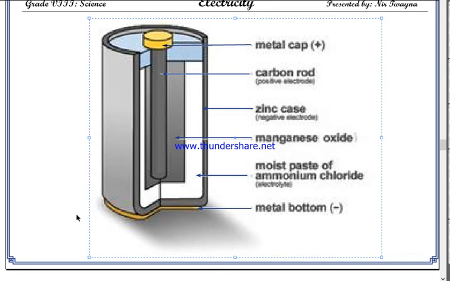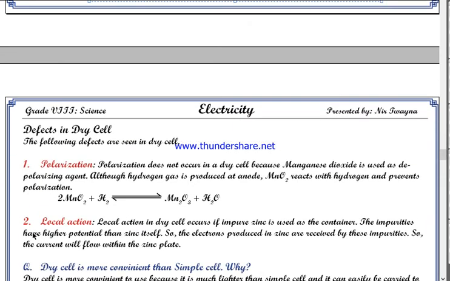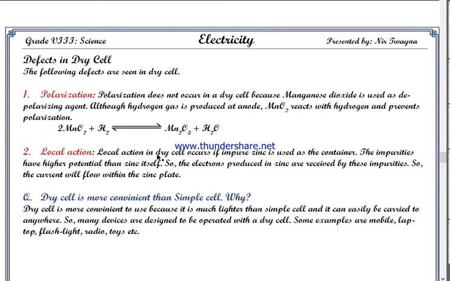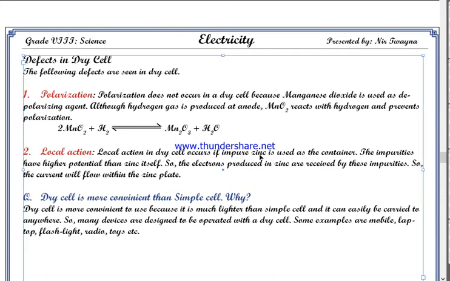And how is that countered? By using pure zinc. Local action in dry cell occurs if impure zinc is used as the container. The impurities have higher potential than zinc itself, so the electrons produced in zinc are received by these impurities, so the current will flow within the zinc plate. And how is it cured? By using pure zinc plate.